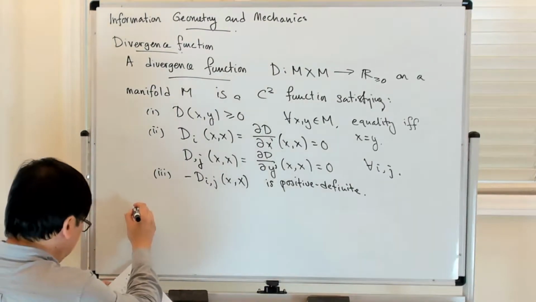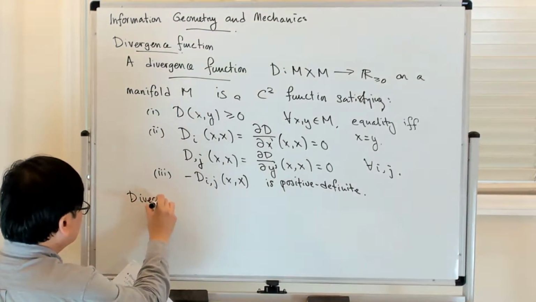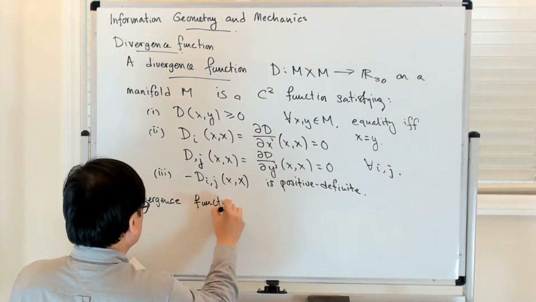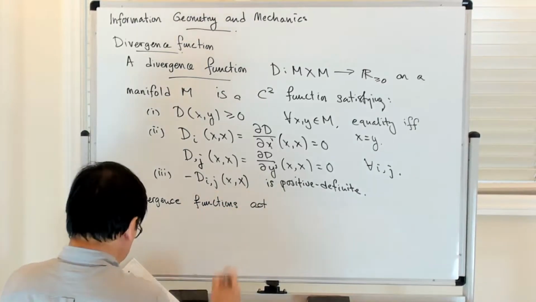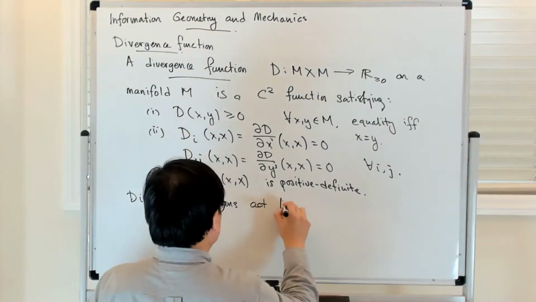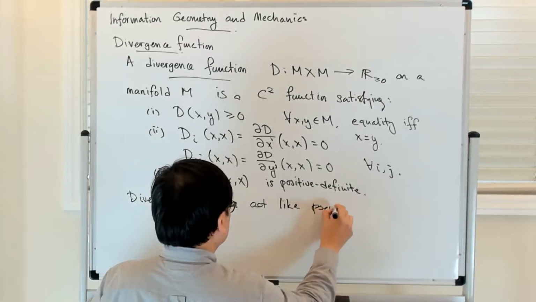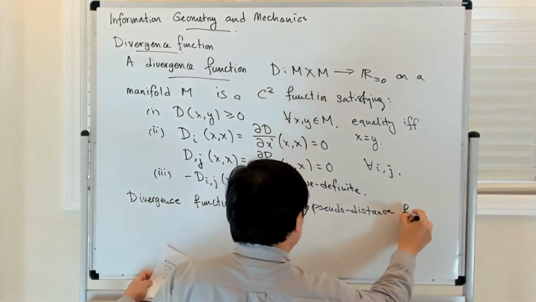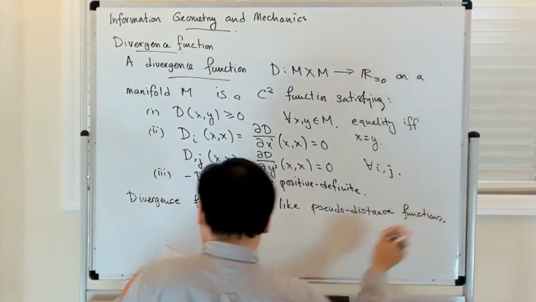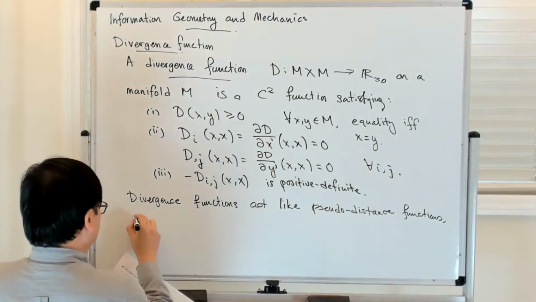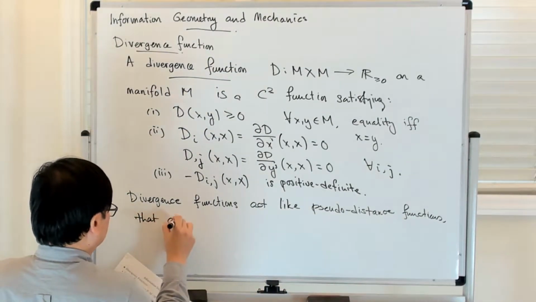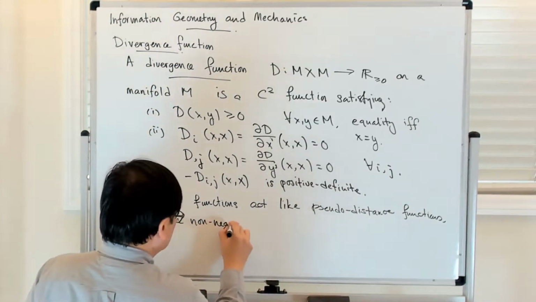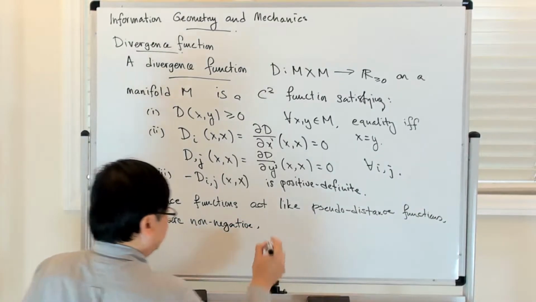And as we talked about before, divergence functions act like pseudo-distance functions. They are non-negative, as you would expect with a distance function, but need not be symmetric.